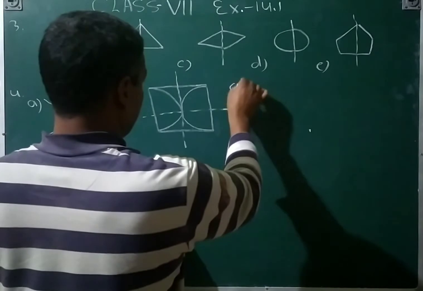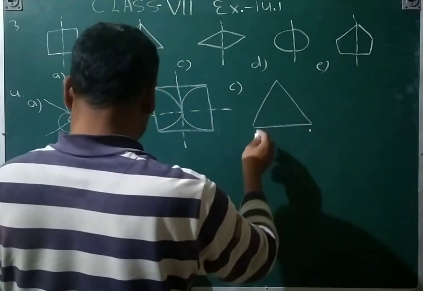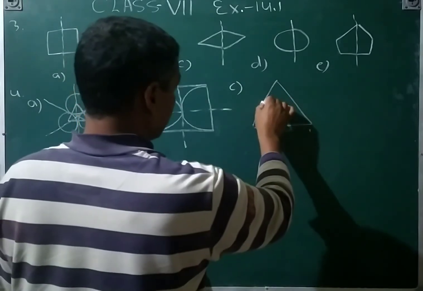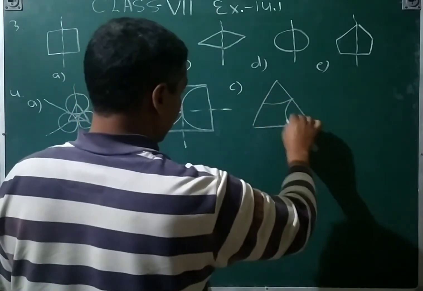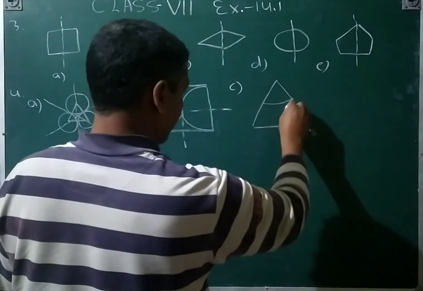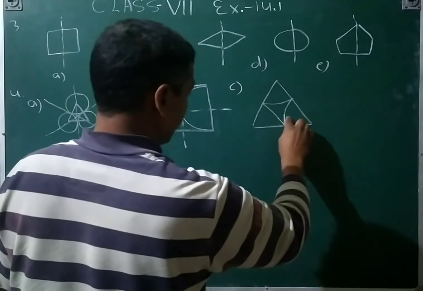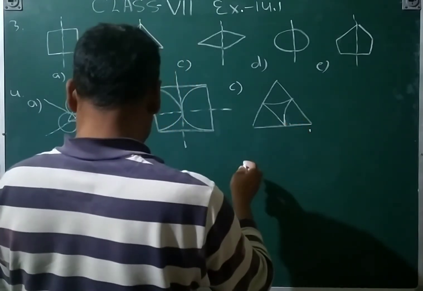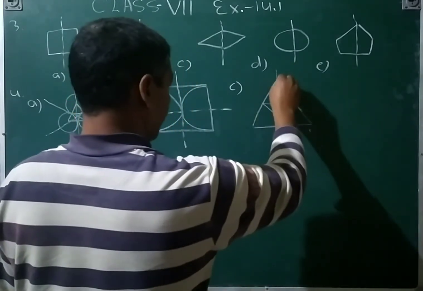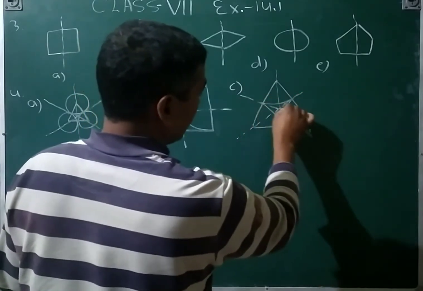Triangle, C part. A triangle is given, so that 1, 1, 1. So here there will be a symmetry line, this one, and also a symmetry line there, this one also.